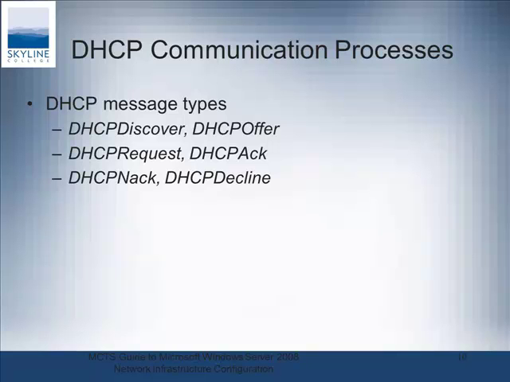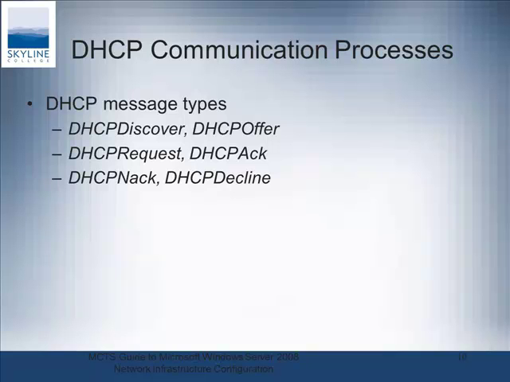If there's more than one DHCP server, the computer's got to make a decision. Got more than one offer. Which is the better IP address? The IP address it picks is whichever one gets there first. Whichever DHCP server answers first is the address that it'll take.